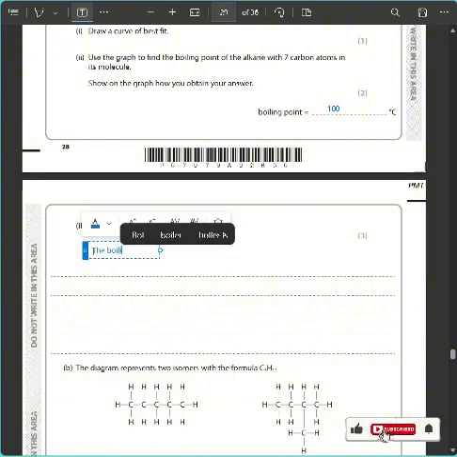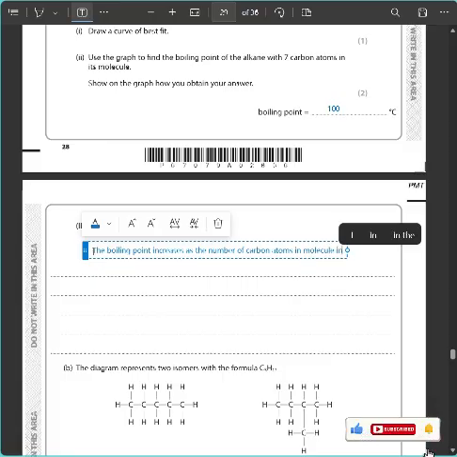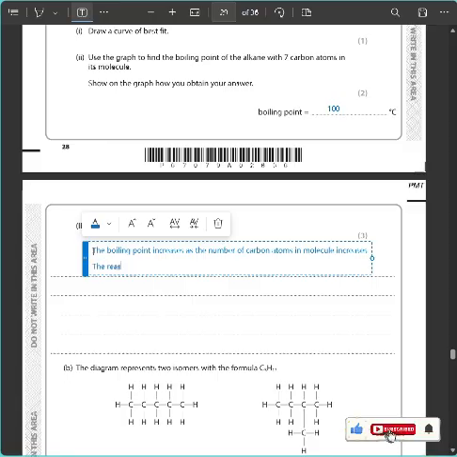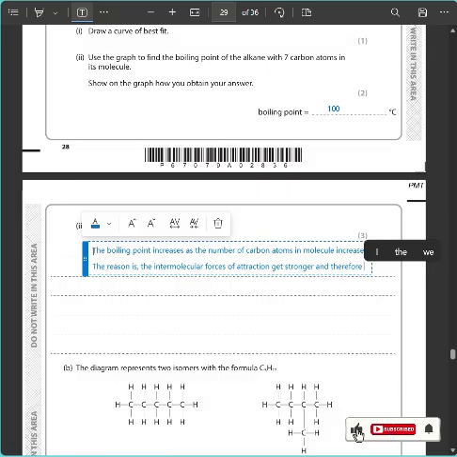The boiling point increases as the number of carbon atoms in the molecule increases, and the reason is the intermolecular forces of attraction get stronger and therefore take more energy to break down.